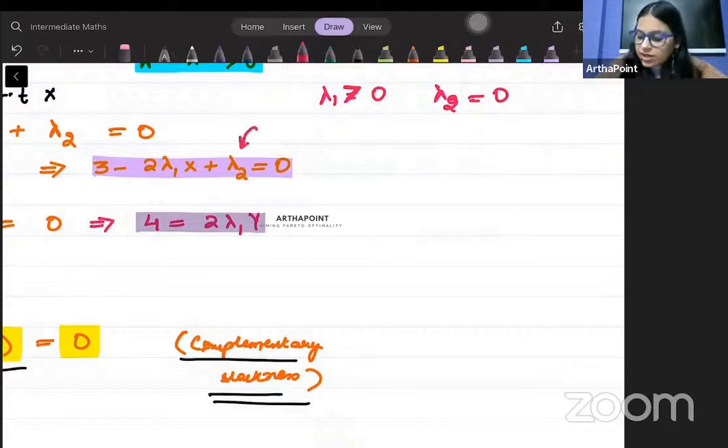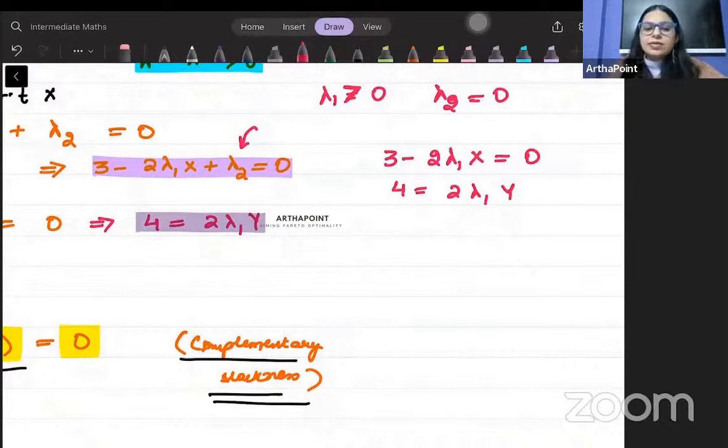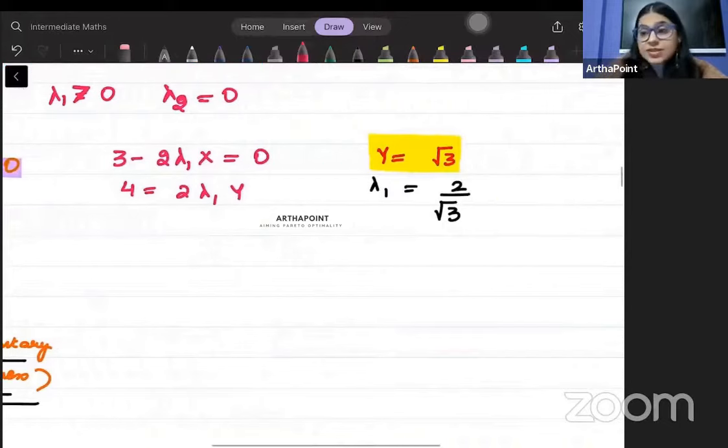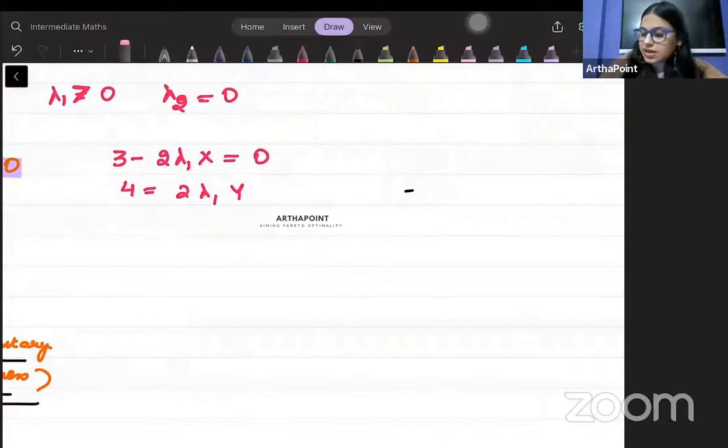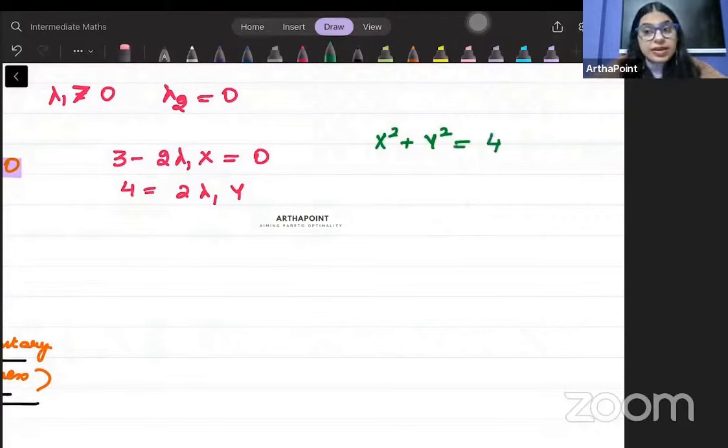So बच्चे, if lambda 2 is 0, I will get 3 minus 2 lambda 1 into x is 0. And I have got 4 is equal to 2 lambda 1 into y. ठीक है. अब हमारे पास एक और कंडीशन क्लियर है कि बेटा x square plus y square is 4 because this is a binding constraint.